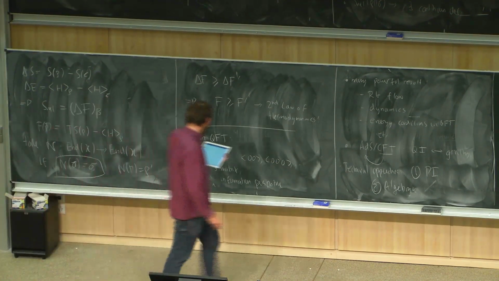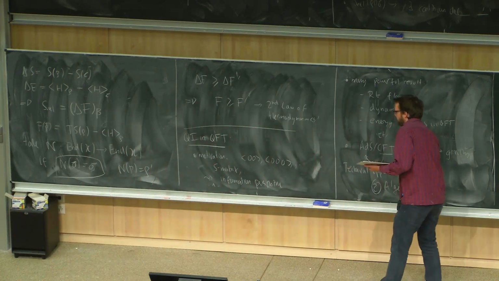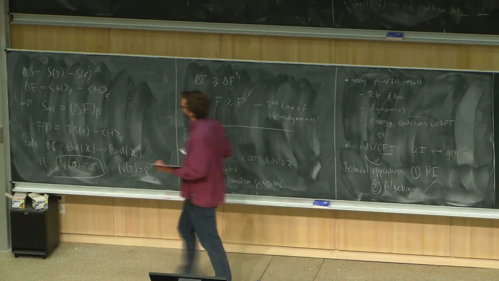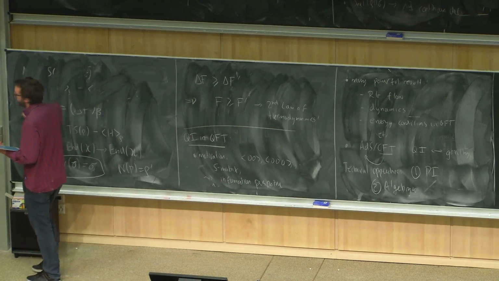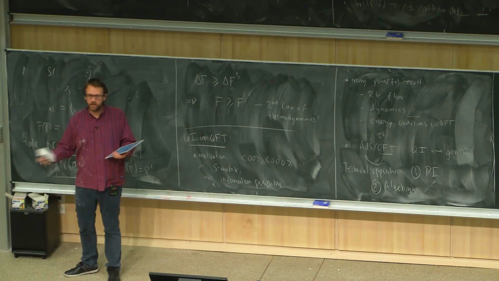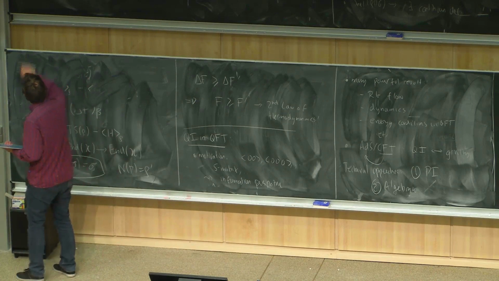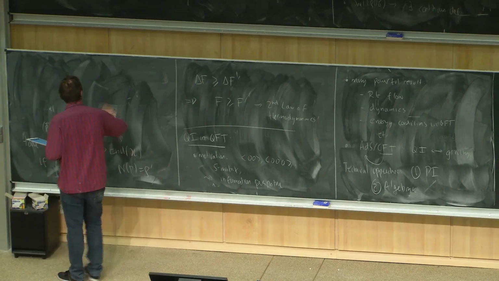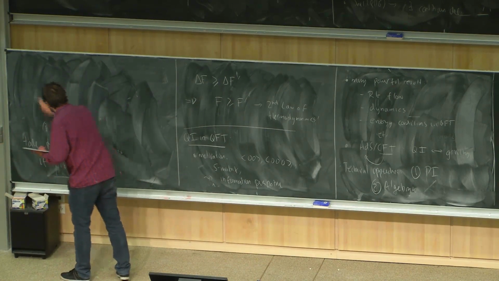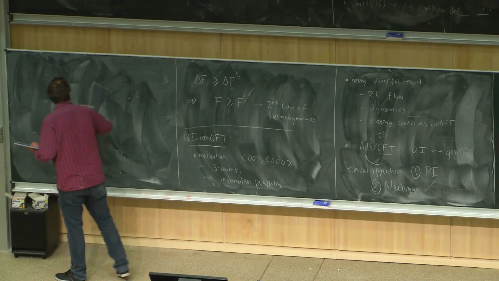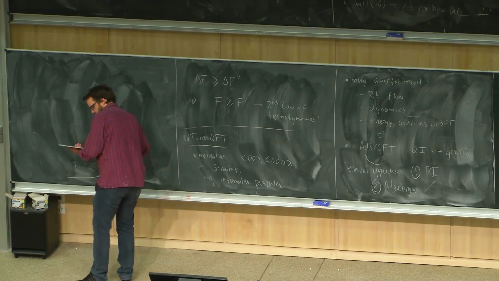Now you might ask, what do I mean by subregions directly in the continuum? So without going through this thing of having a regulator. It's actually a subtle question, and we're not going to fully answer it today. Tomorrow we'll talk more about this problem.